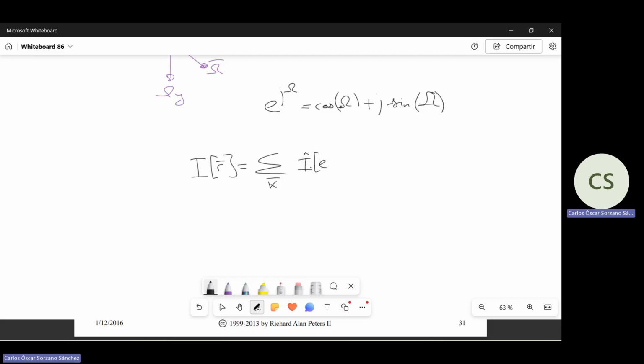The hat is also Fourier transform. When you put the hat, you are in the Fourier space. When you don't put the hat, you are in real space. And then my basis, that is this one, with n, k, n.